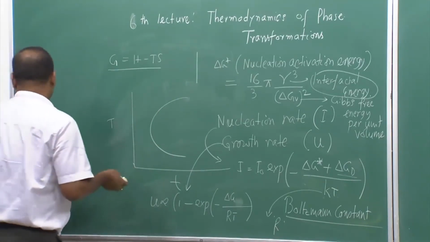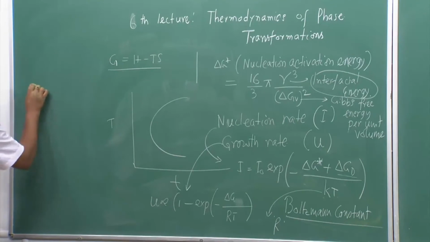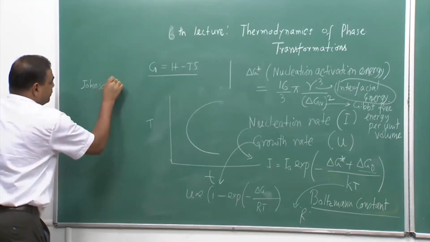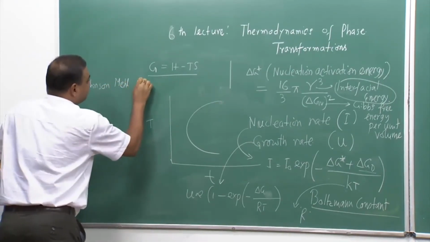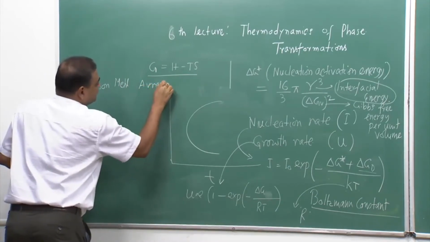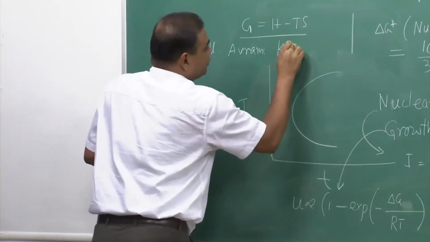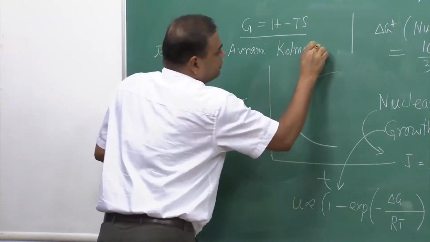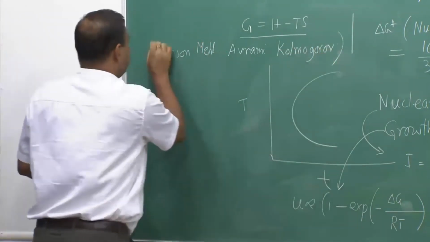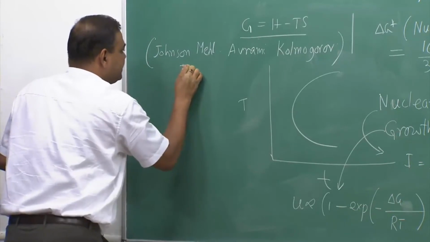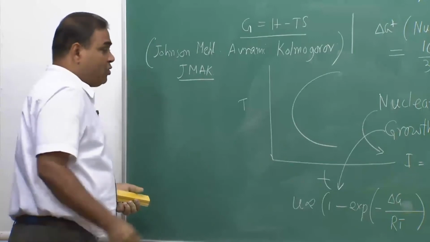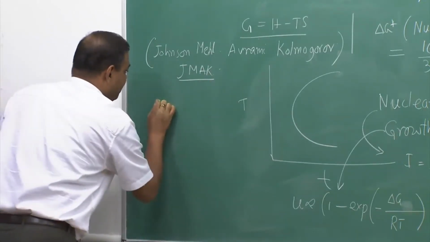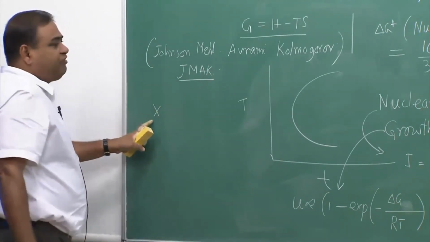This overall transformation kinetics is given in the form of Johnson, Mehl, Avrami, Kolmogorov, which is properly known as the JMAK equation, given in the form of X, which is the fraction transformed.